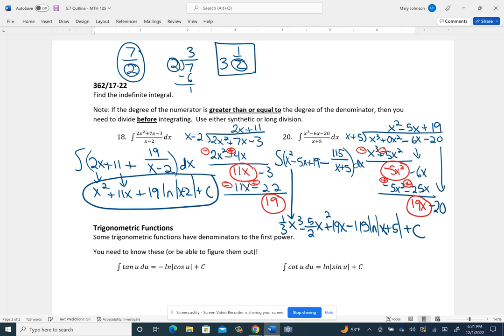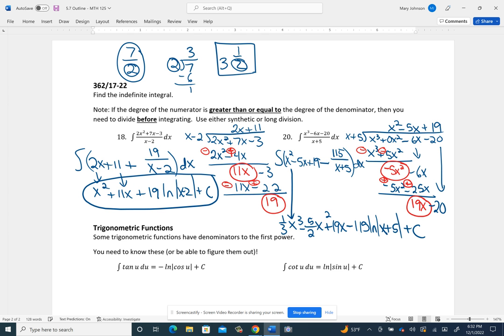All right, now, this part that I'm showing you right here, this idea of dividing when the degree of the numerator is more than or equal to the degree of the denominator, being able to change it into a mixed number like that allows you to do the term by term integration.